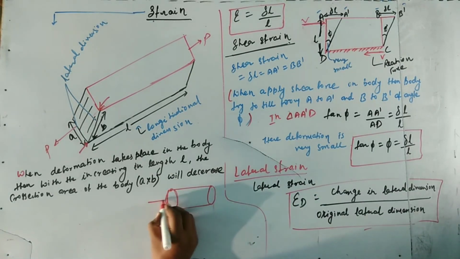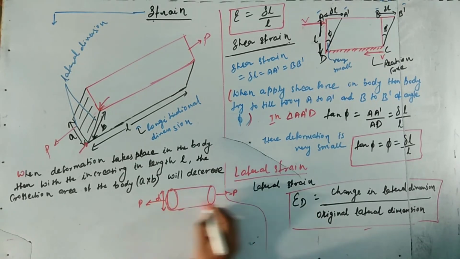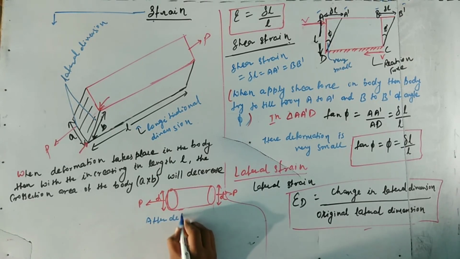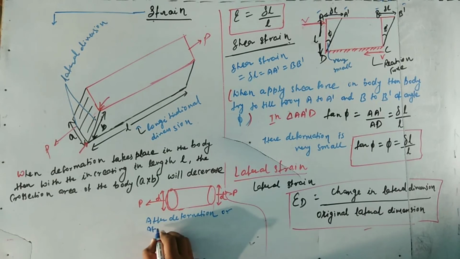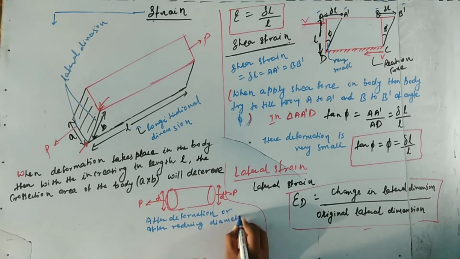We take a body and we apply the force. This is the diameter of the body, and this diameter is D. After deformation, when we apply a pull force on the body, the body will be like this.